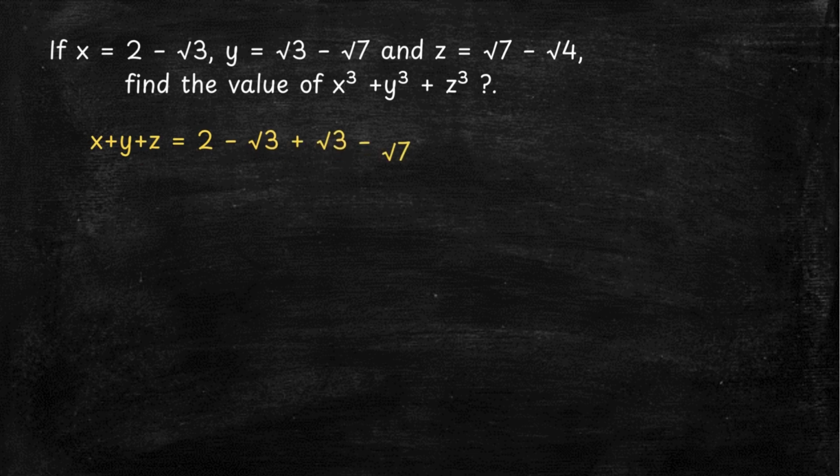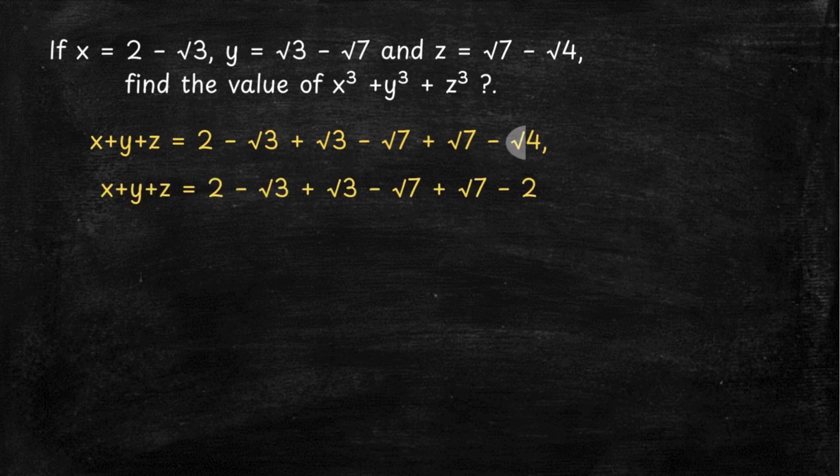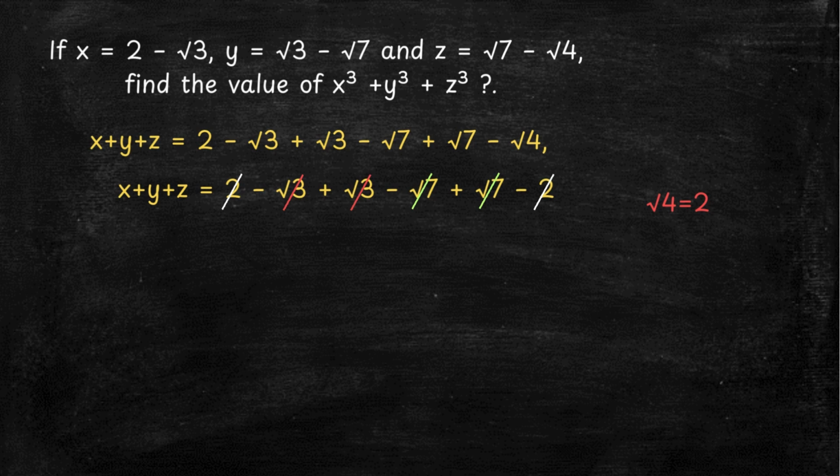On adding x plus y plus z, we get 2 minus root 3 plus root 3 minus root 7 plus root 7 minus root 4. Now, root 4 can be written as 2. So now we can cancel 2 with minus 2, minus root 3 with root 3, and minus root 7 plus root 7. That results to give x plus y plus z as 0.